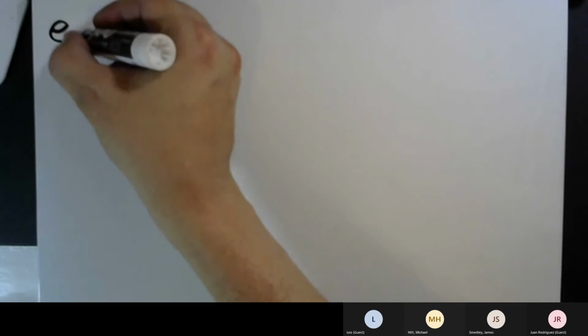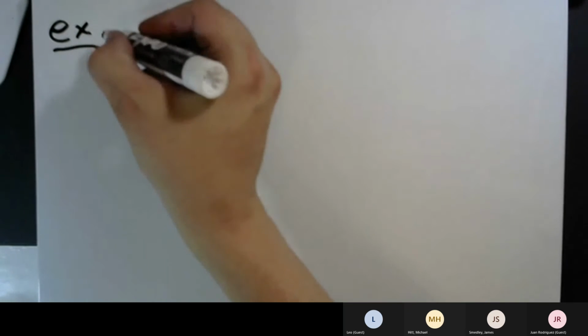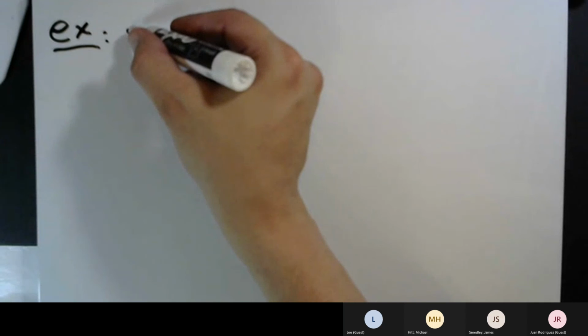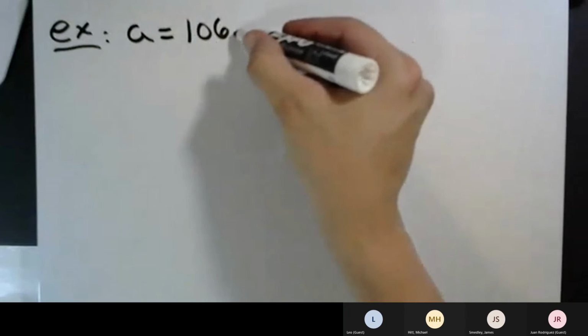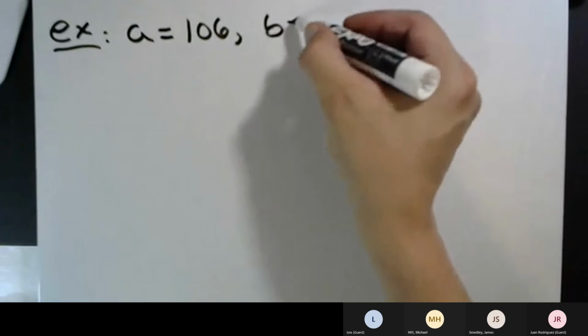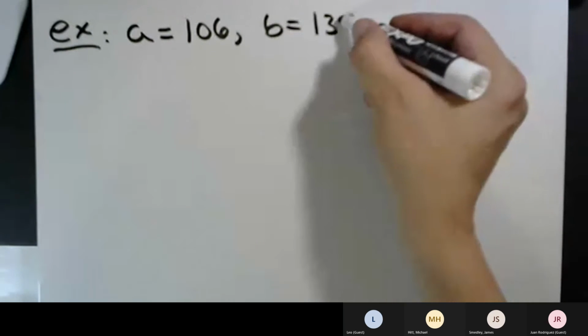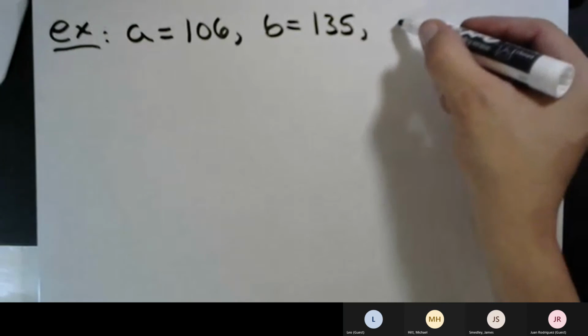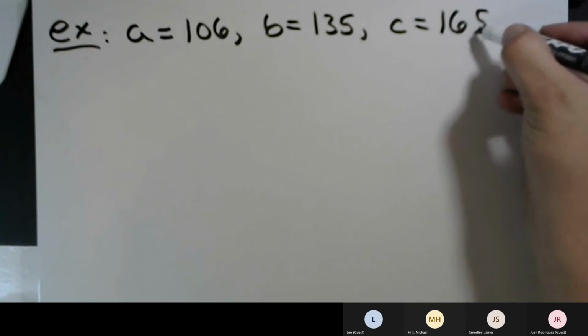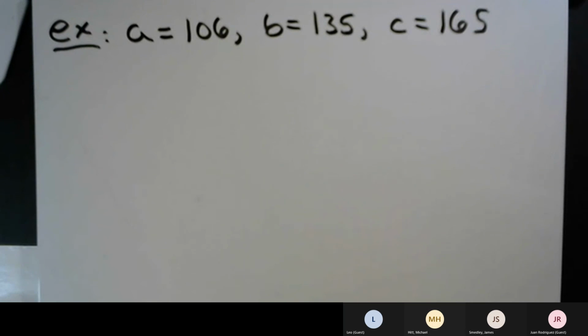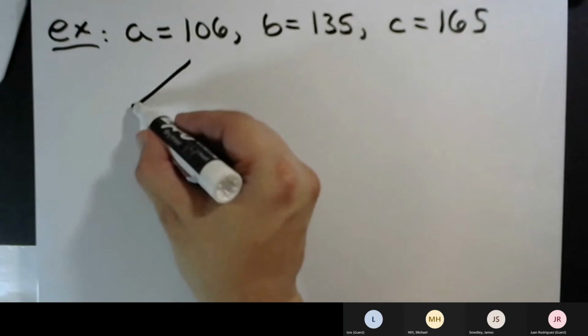So let's say we have this. A is 106. B, 135. And C is 165. So again, I'm going to do kind of a rough drawing here, kind of get a sense of what's going on.